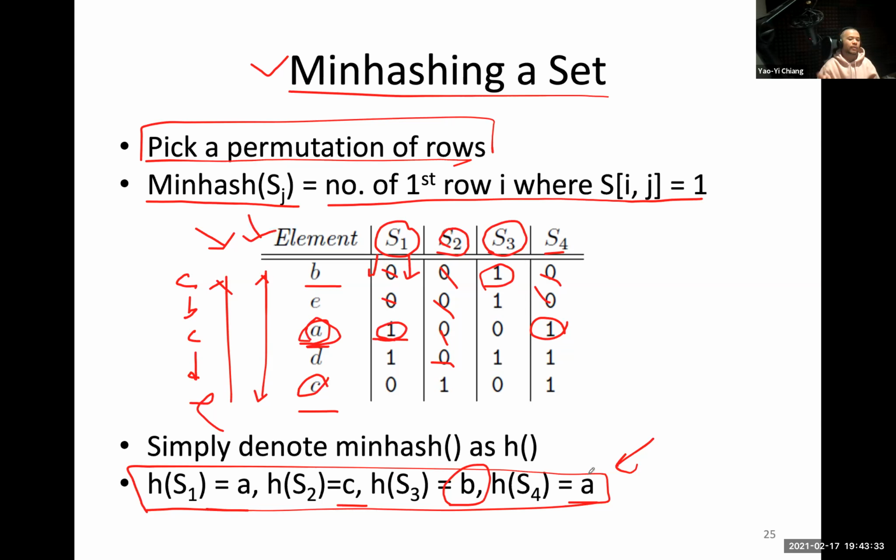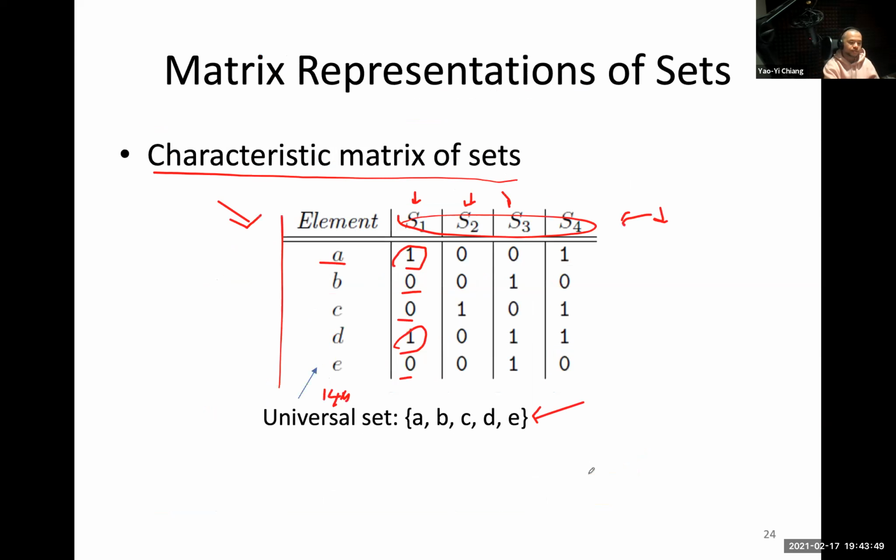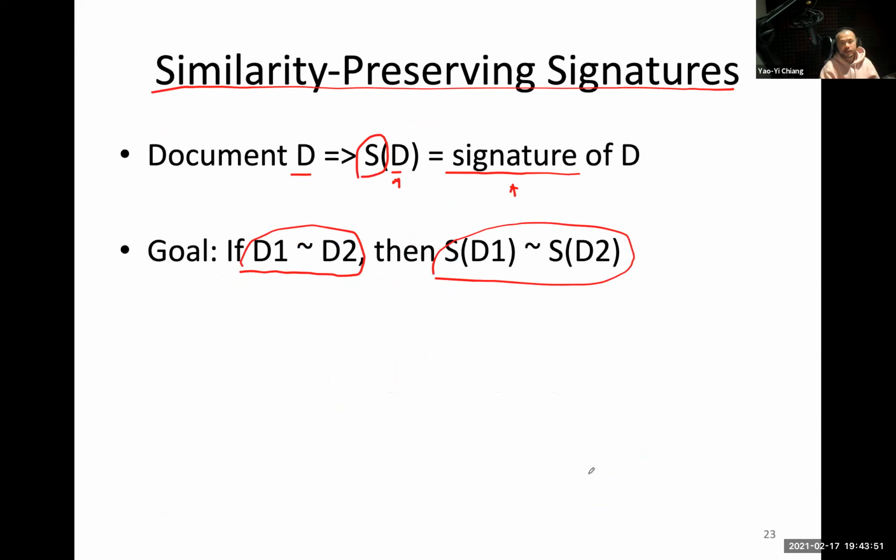So then the follow-up question would be, well, if the signature will be different every time, how good are these signatures? So how do we define how good these signatures could be? Remember from the last slide, this is the property we want in a signature.